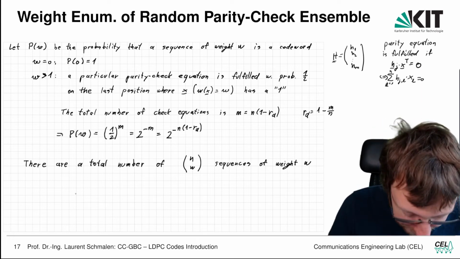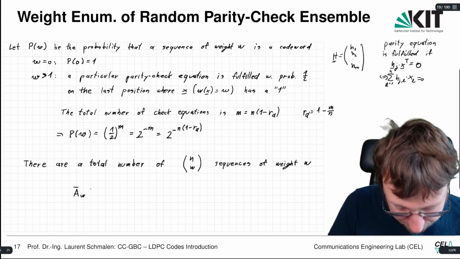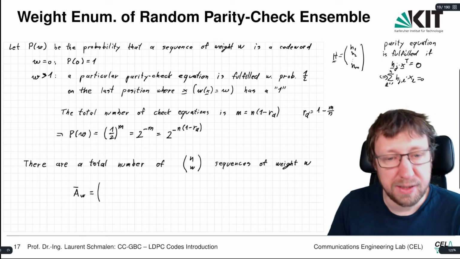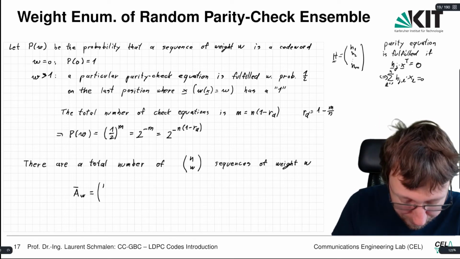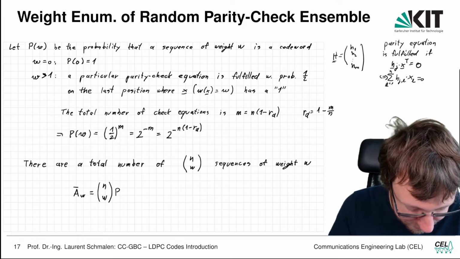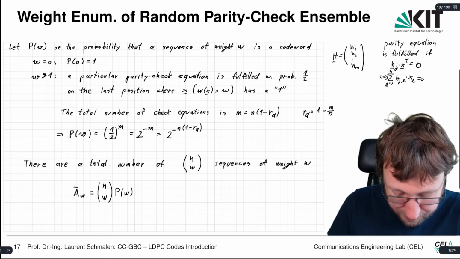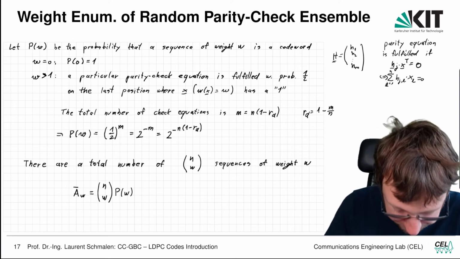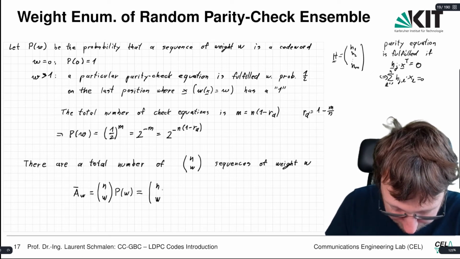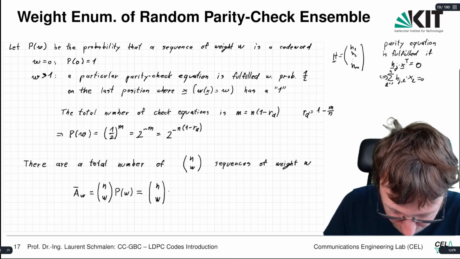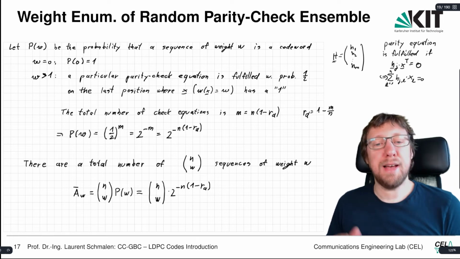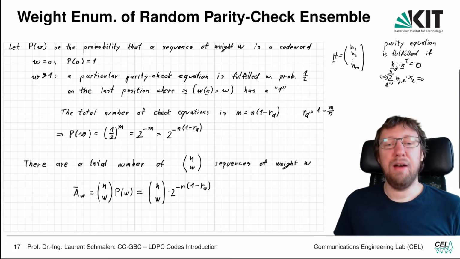So the weight enumerator A_w, and we call that the average weight enumerator, is equal to the number of sequences of weight w that we have times the probability that a certain sequence is actually a code word. So it's equal to n choose w times 2 to the power minus n times 1 minus the design rate. And that's the average weight enumerator.